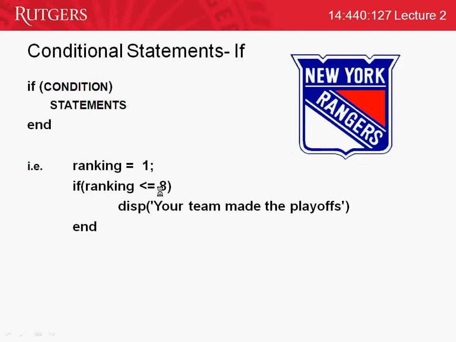However, if we switch this around a little bit, and say, instead of ranking equals 1, ranking equals 10, we could say, if the ranking is less than or equal to 8, display your team made the playoffs. Well, the ranking is not less than or equal to 8. This is false. Therefore, MATLAB is not going to do this.